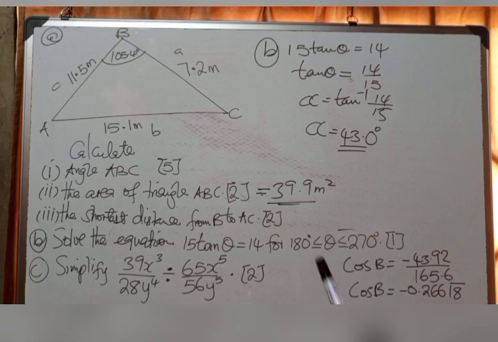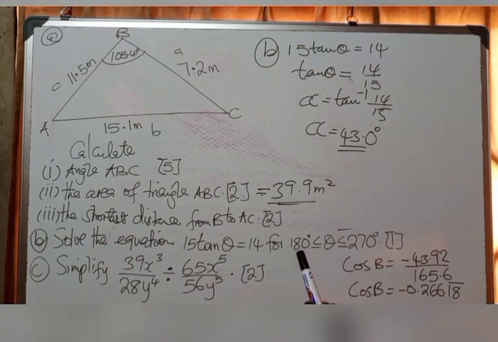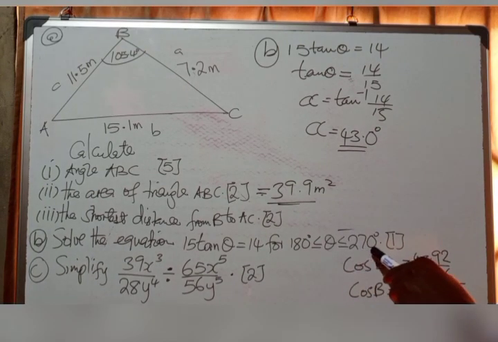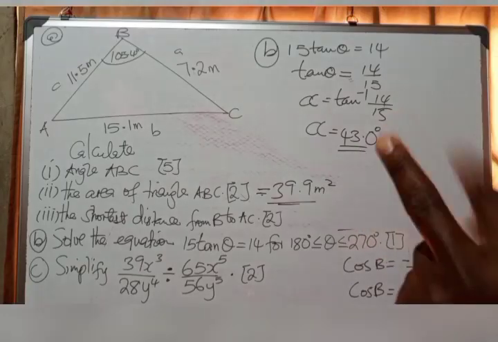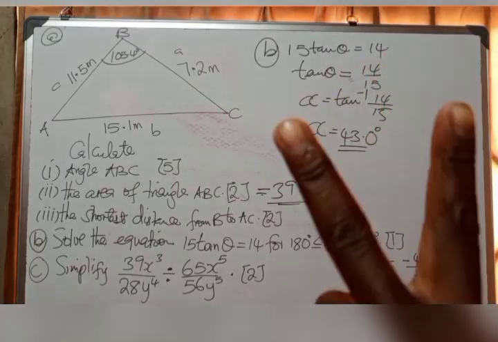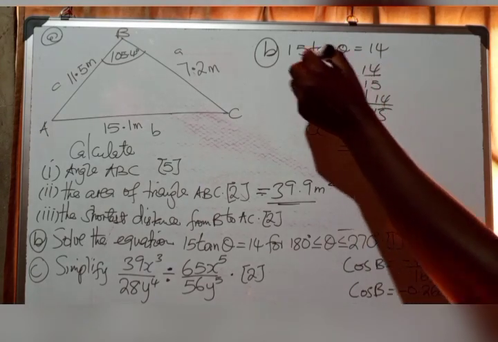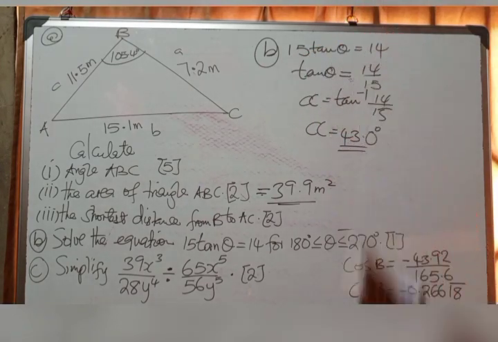Now, we are told that theta lies from 180 to 270, meaning it is in 2 quadrants, the second quadrant and the third quadrant. Now, it was 15 tan theta is equal to 14.